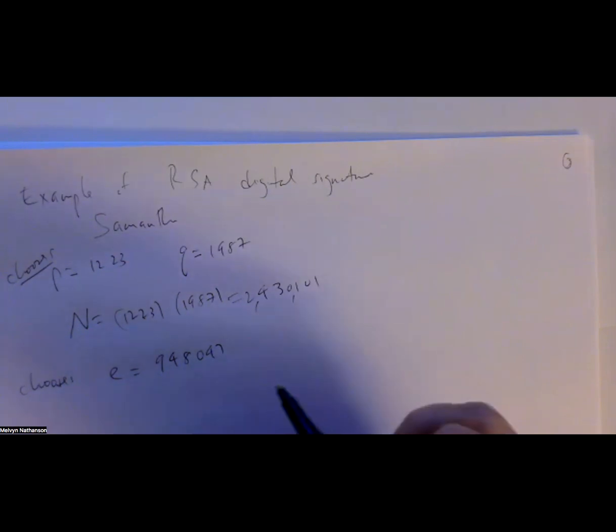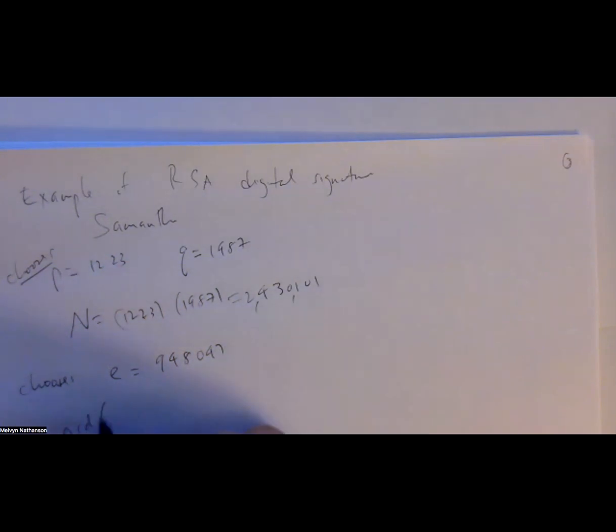And this has to have the property that the GCD of E and (P minus 1)(Q minus 1) is equal to 1. So let me calculate that. Let me go back to my Maple.